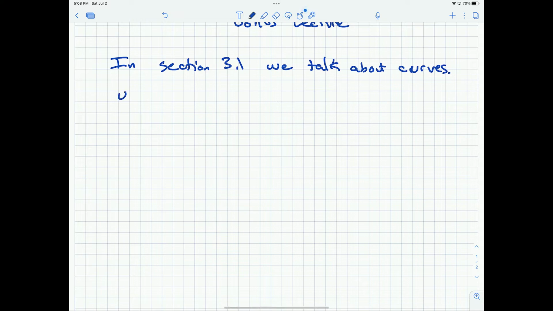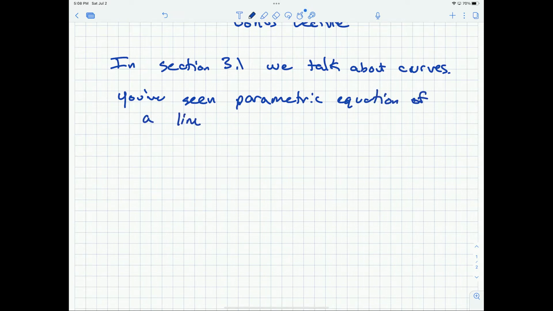So you've seen parametric curves before this, parametric equations of a line, right?